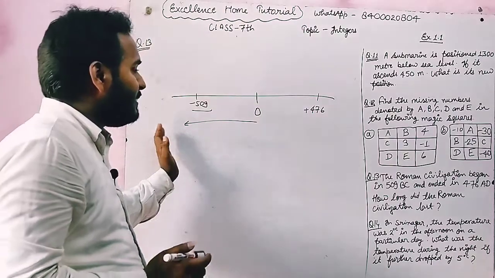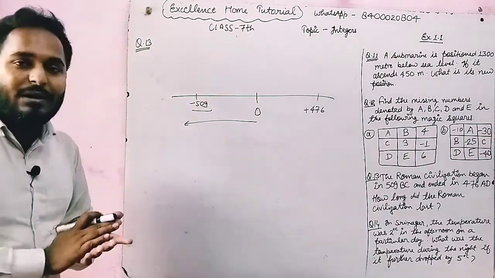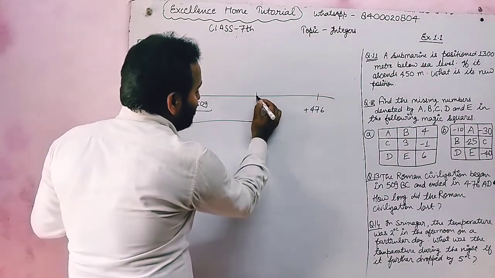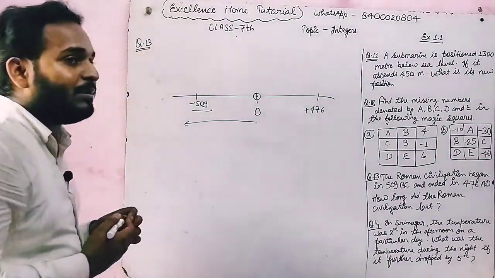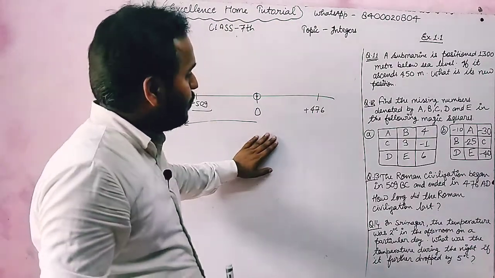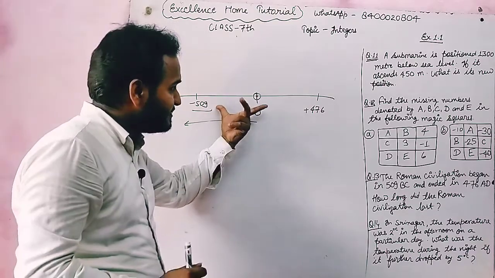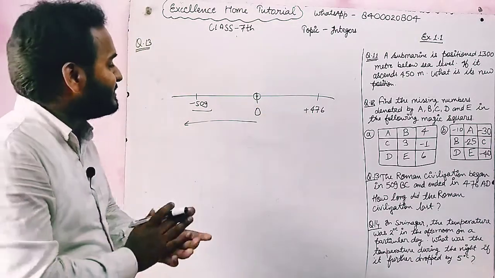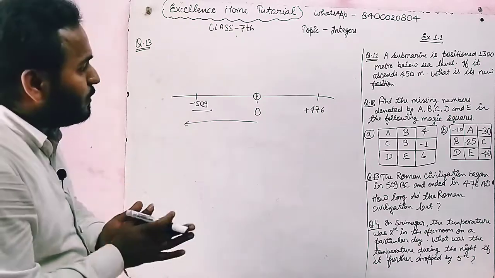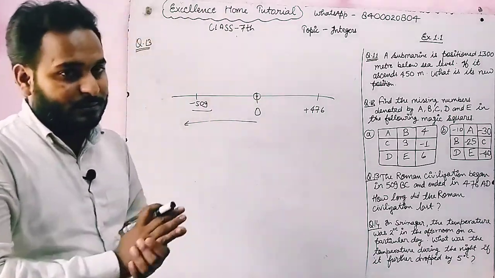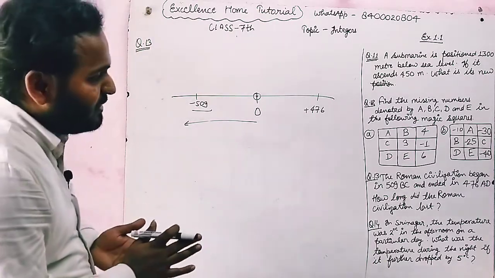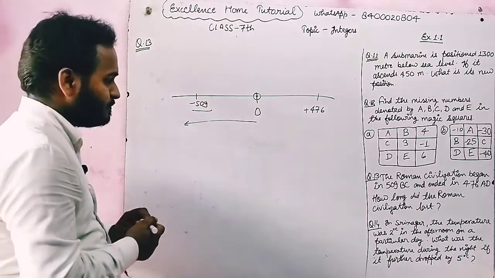Before the birth, the time is measured in BC. In this, 0 is not included as a year. So for solving this question, we have to subtract 1 from the sum of 476 and 509. This is the basic concept of AD and BC.